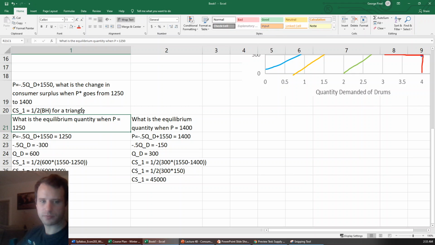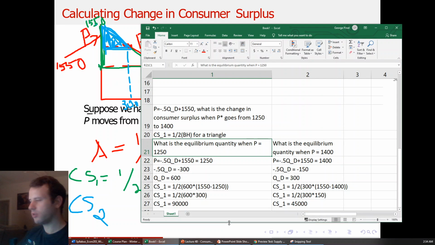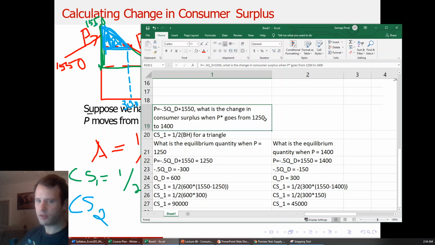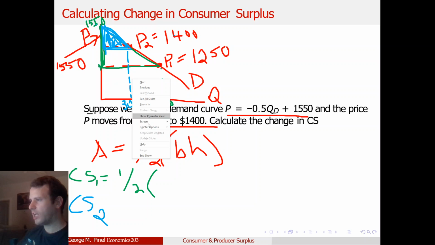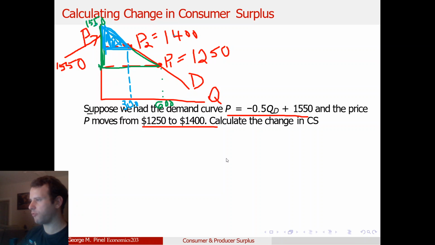Okay. So I realize my big old head is in the way, so I'll move this over so y'all can see it. Here's the question up at the top. I find whenever you have these consumer surplus questions, it's helpful to do the graph and then figure out what did I just do.